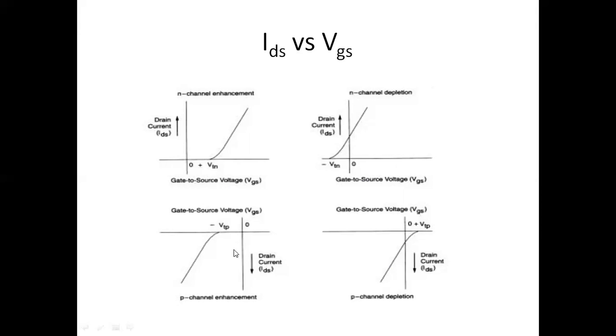And for P MOSFET, the current flows in the opposite direction after we apply a certain threshold voltage, minus VTP. And for P channel depletion device, if we apply plus VTP, current starts flowing and it is in the negative direction.